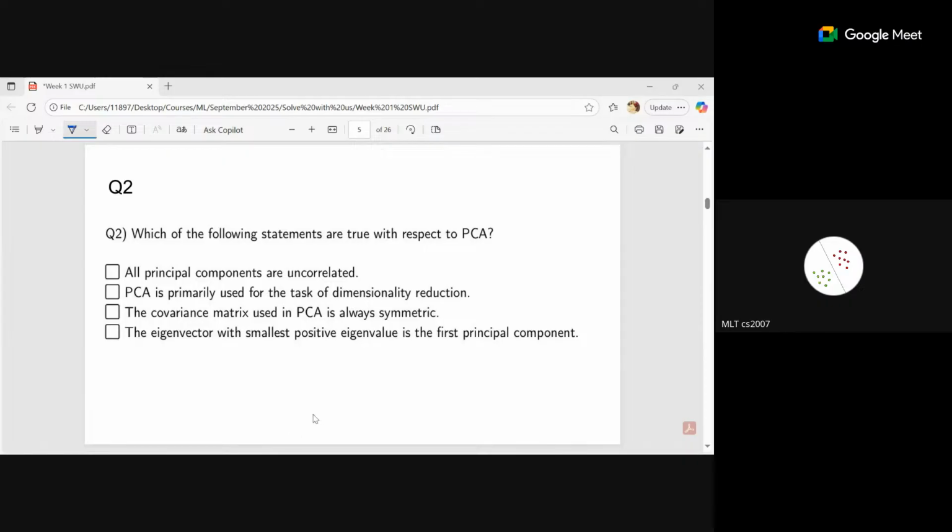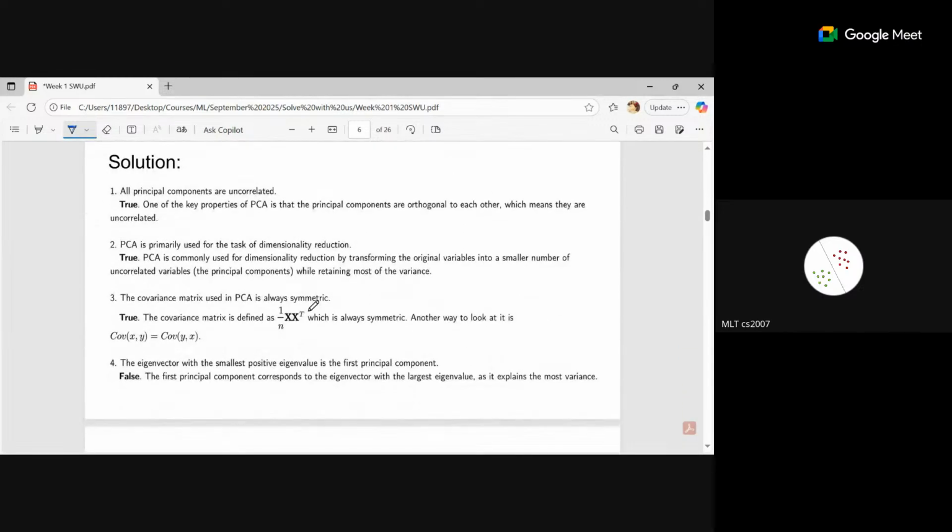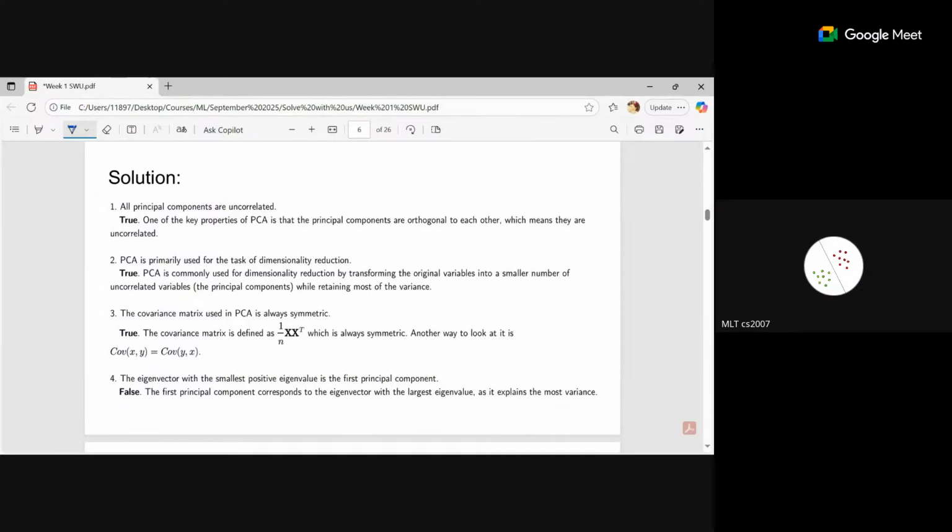Okay, I see a lot of different answers here. All right, let's go through it. The first option was: all the principal components are uncorrelated.